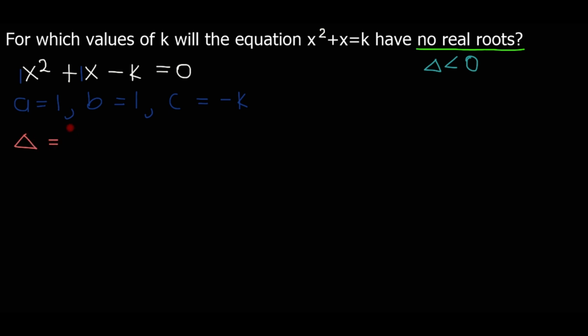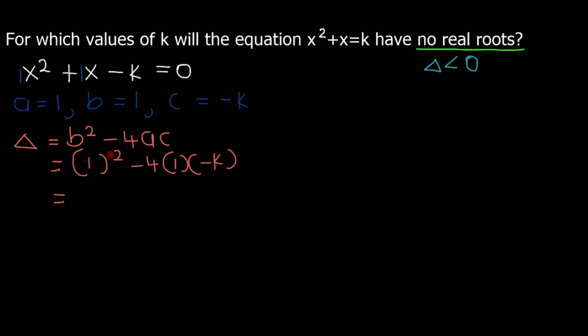Delta is equal to b squared minus 4ac, and then from there we can substitute. B is 1, and then minus 4, and then a is also 1, and then c is negative k.